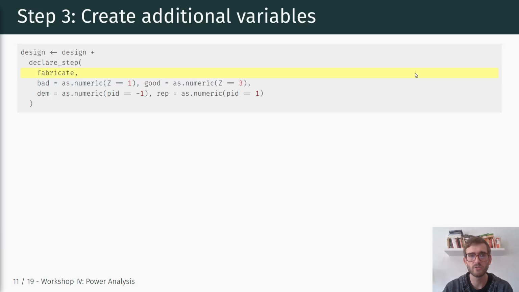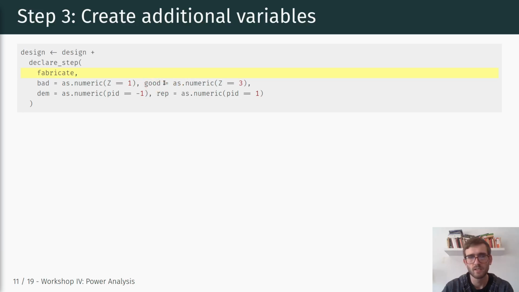In order to do that, we have an additional step, where we use declare_step, and we use the fabricate function. It's part of the fabricatr package, which allows us to specify additional recoded variables as part of the design declaration. We have one indicator for bad as the negative treatment, which is a dichotomous indicator for the assignment variable z being equal to 1.